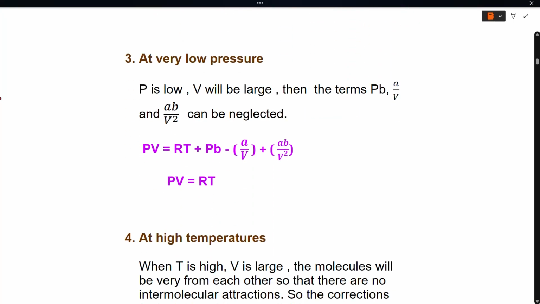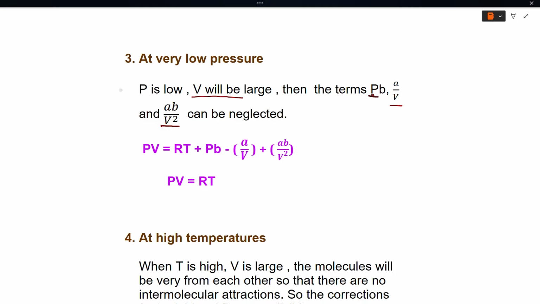Now, at low pressures, when pressure is low, volume will be very large. The terms PB, A by V and AB by V square can be neglected. V is very large.